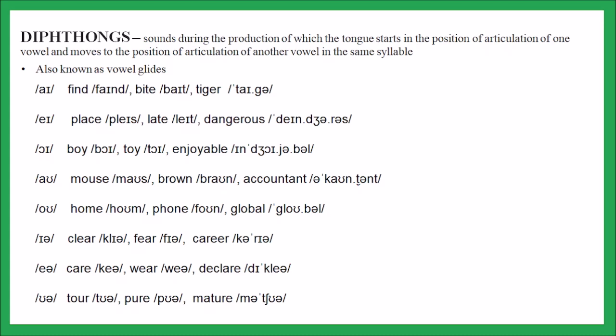The first one is pronounced I. From the letters you can see the first letter denotes an A sound and the second denotes an E sound.